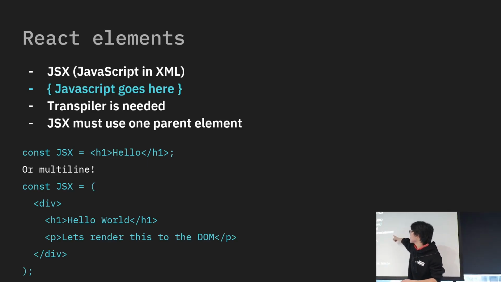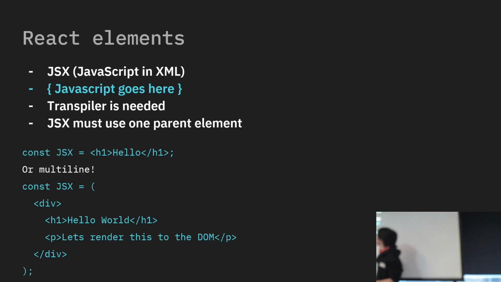Also, JSX must only use one parent element. This is going to become more prominent as you develop with React. Basically, this is what a JSX looks like. Firstly, you have variables. It looks like this. But if you want to use functions, you can also do that as well.